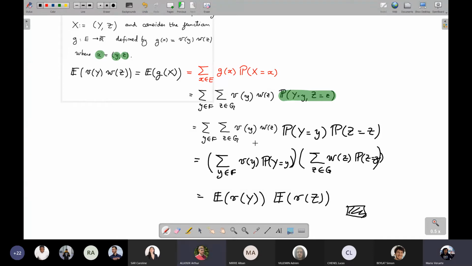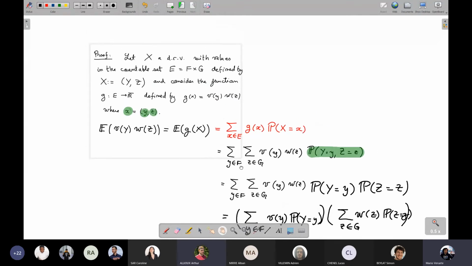And how do you know then? How do I know they are independent? Yes. Well, because I assumed they were independent. I added that to the hypothesis in the theorem, you know. Okay.